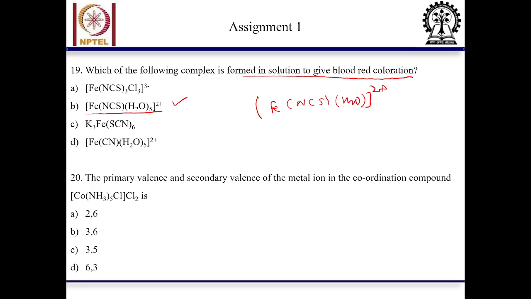Can anyone write in the chat box what will be the answer for primary and secondary valency of the metal ion?